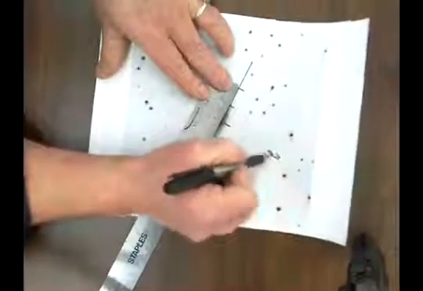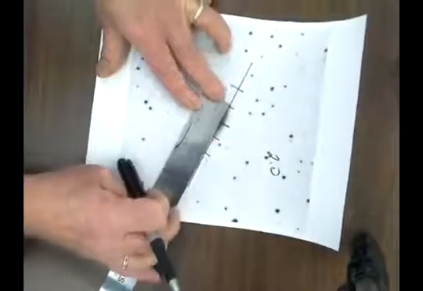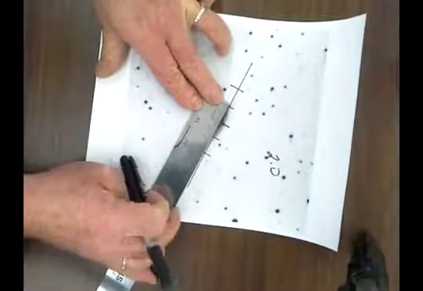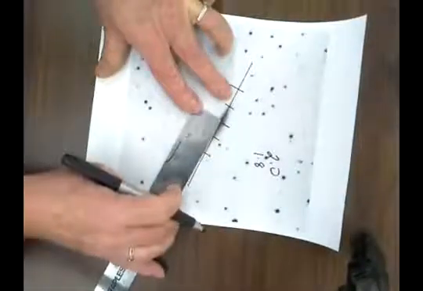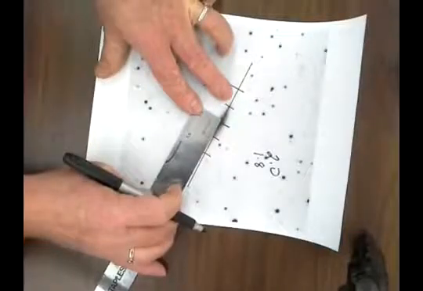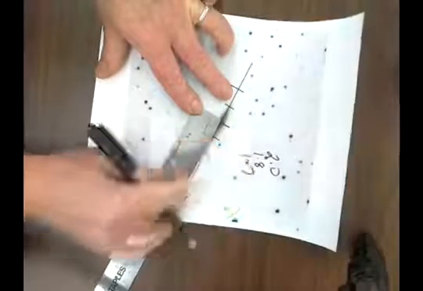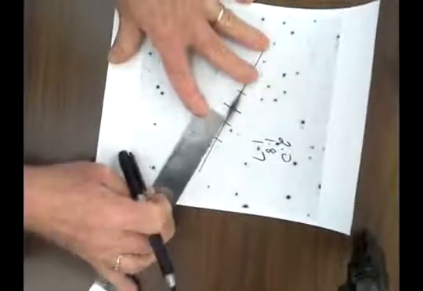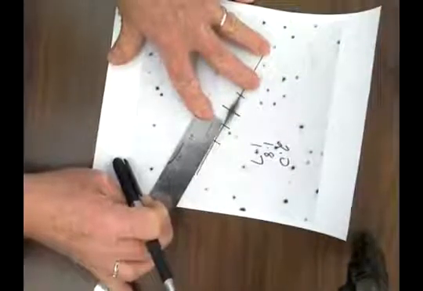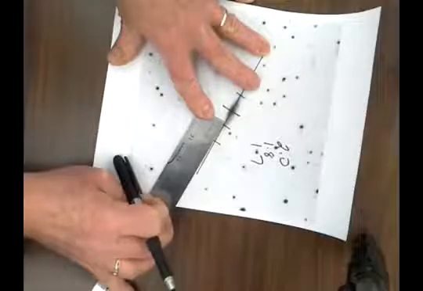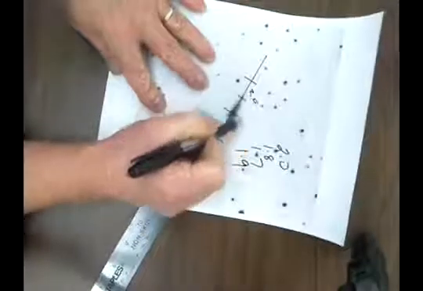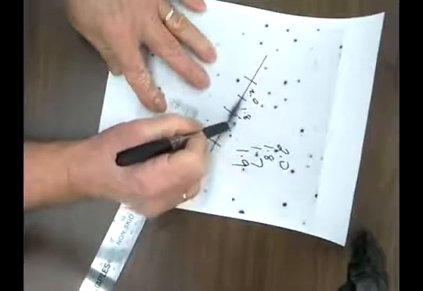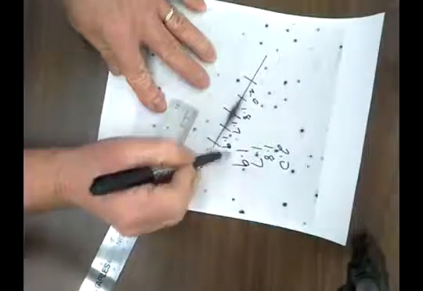Setting that at 2.0. 1.8. 1.7. 1.9. 2.0. 1.8. 1.7. 1.9. It should be pretty well all the same.